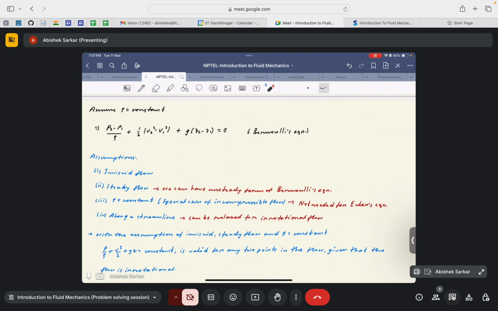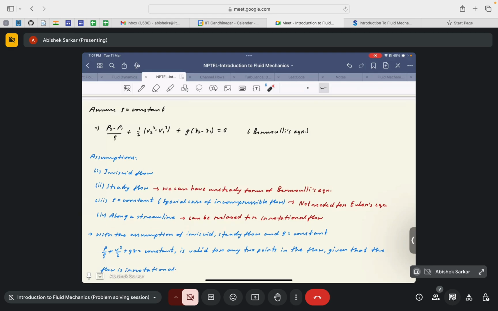And now coming to a very important point: this condition of the Bernoulli's equation being along a streamline can be relaxed if the flow is irrotational.